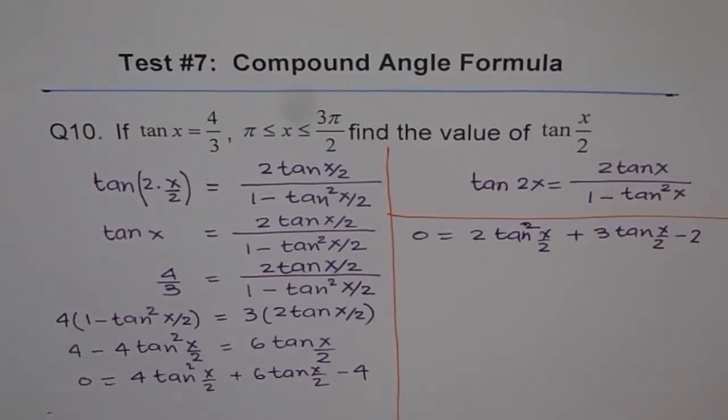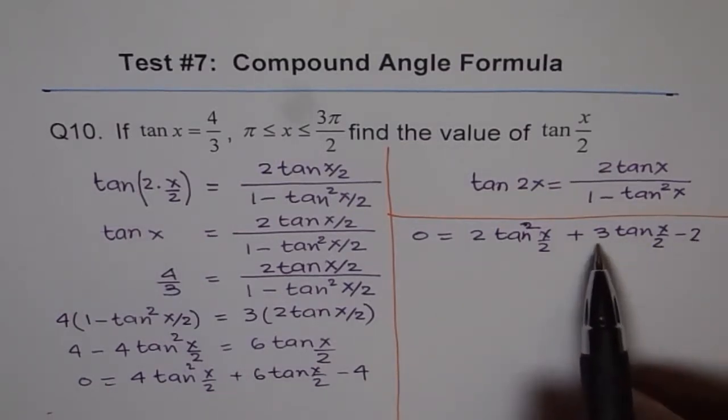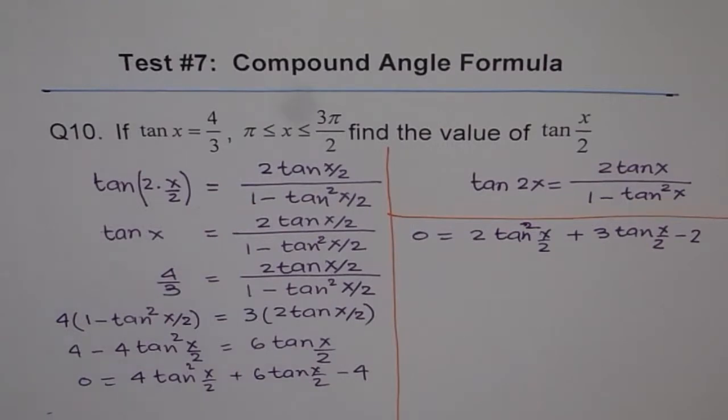Now to solve this quadratic equation we can factor it. The product is 2 times minus 2, that is minus 4, and the sum is 3. So we have 4 times minus 1 that will give us this factoring.